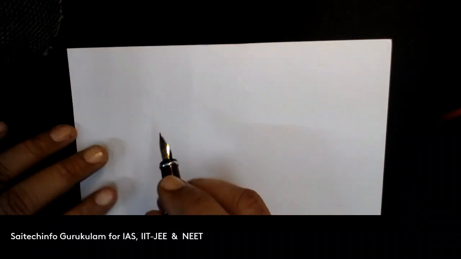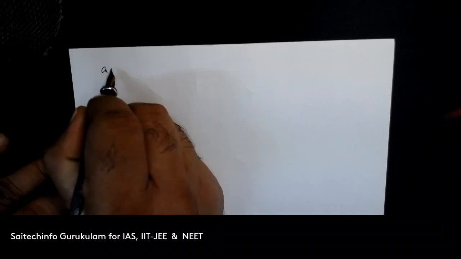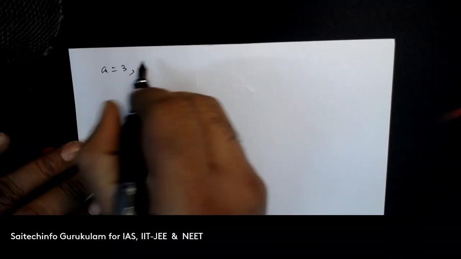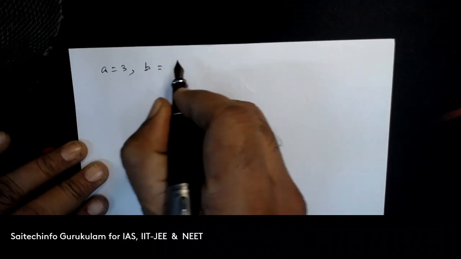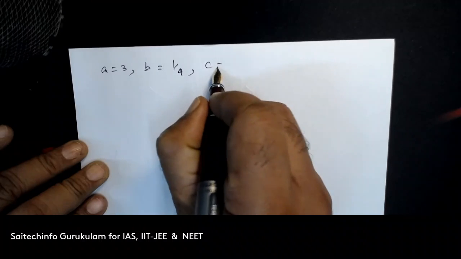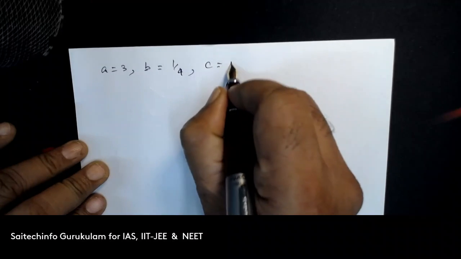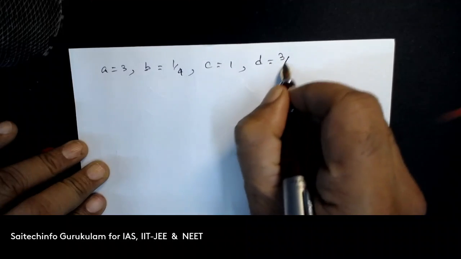Let me rewrite: the value of A is equal to 3, B is equal to 1 by 4, C is equal to 1, and D is equal to 3 by 2.